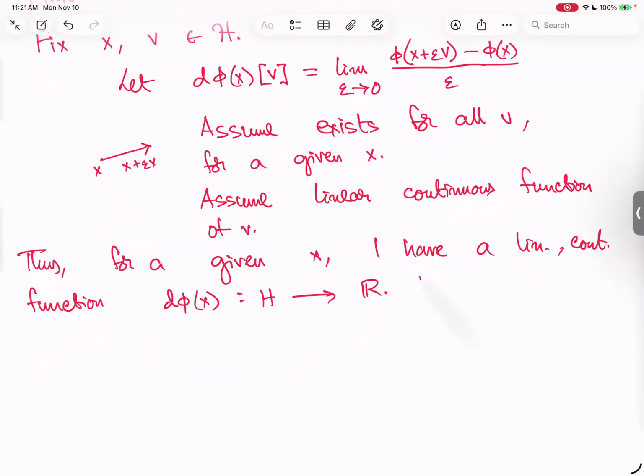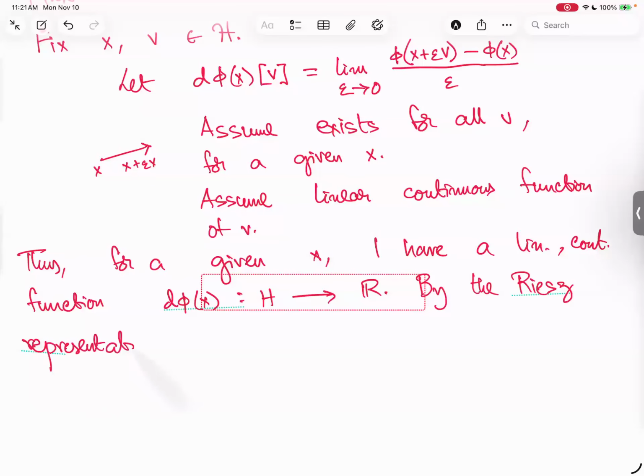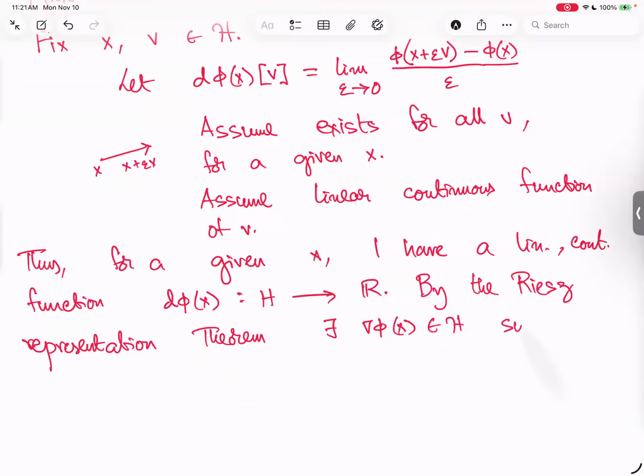So by the Riesz representation theorem, there exists some vector that I'm going to call gradient of phi of x in the Hilbert space H, such that d phi of x in the direction of v is equal to the inner product of gradient of phi of x and v.